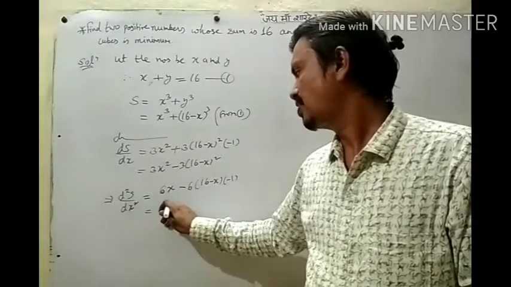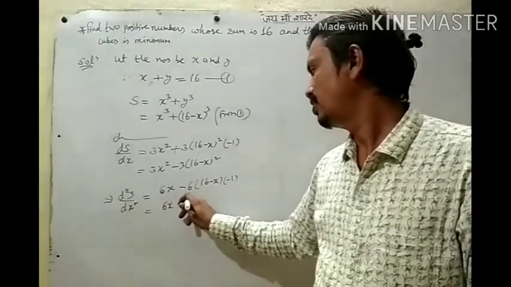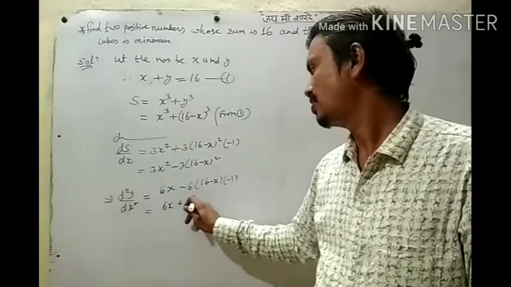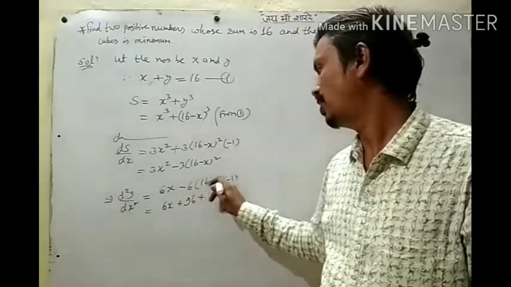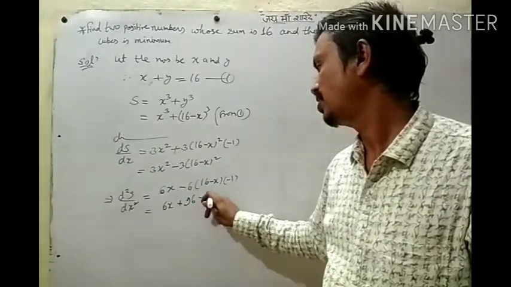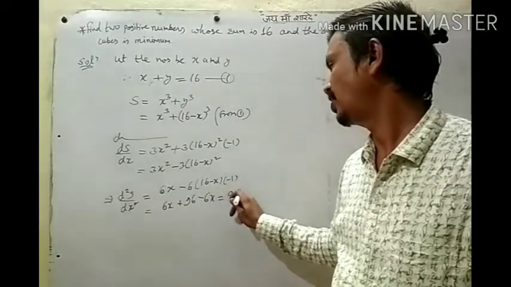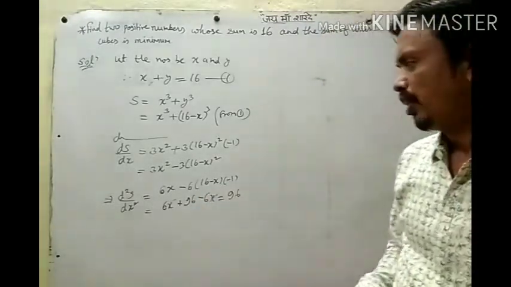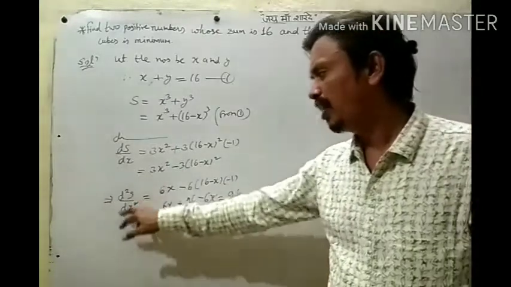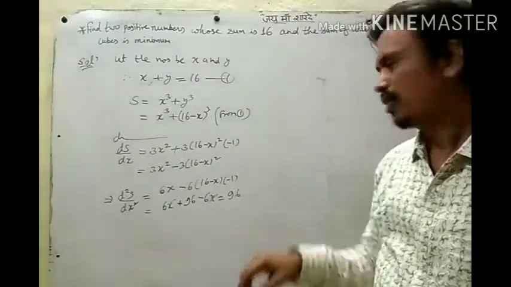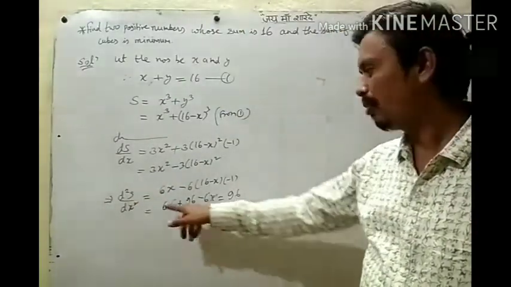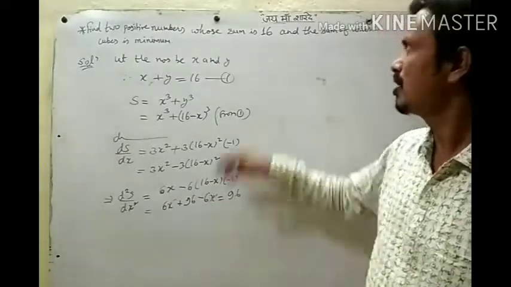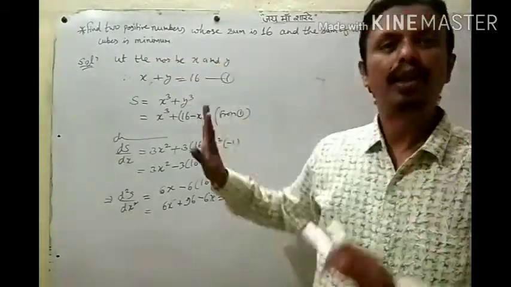So it is 6x plus 6 times 16, that is 96, minus 6x, so the x terms cancel out. So the value of the second derivative at our critical point is 96, it will remain 96 only, positive. It means our sum of cubes will be minimum.